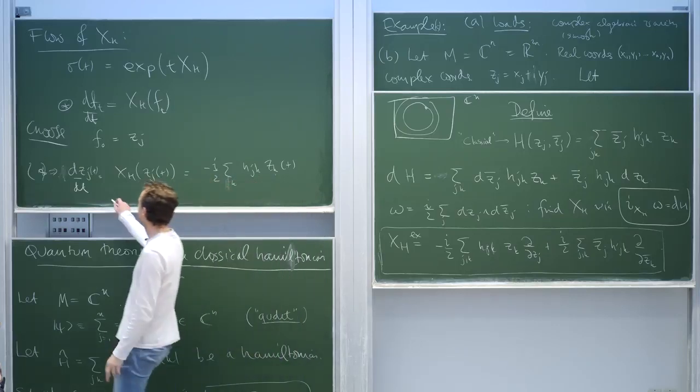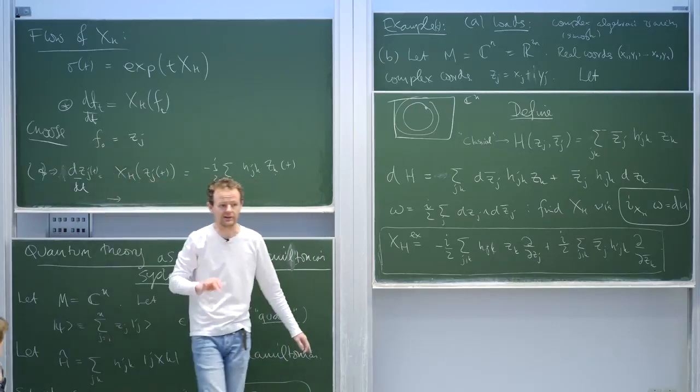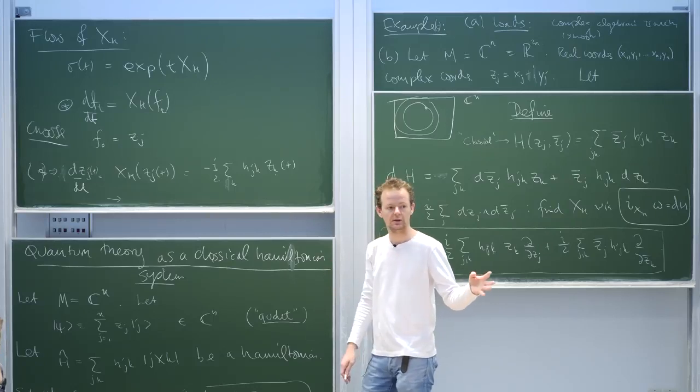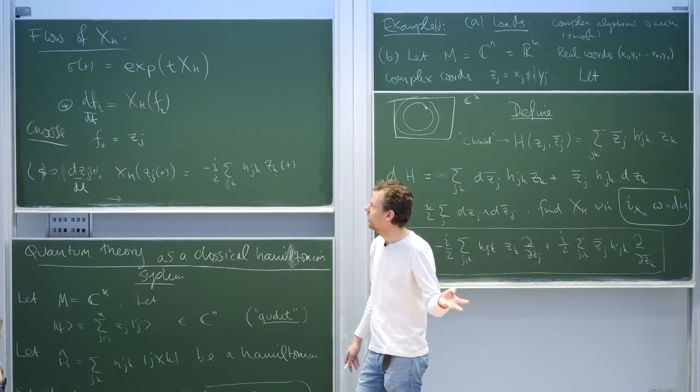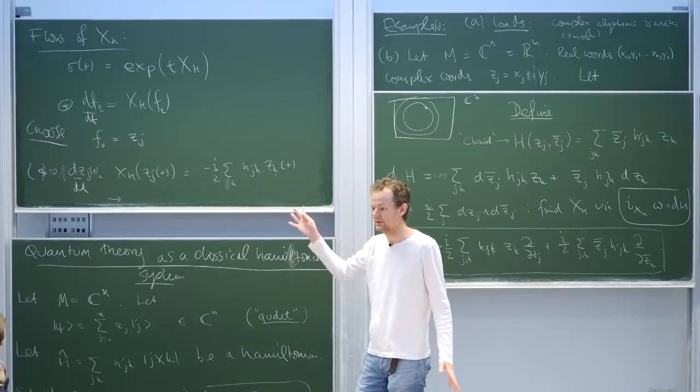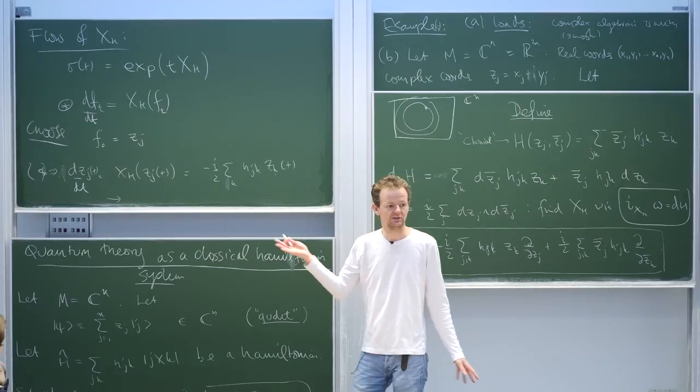So the words that I'll leave you with: you might wonder, oh, okay, I've done this for these nice flat complex numbers. What happens if I have a complex manifold, a more curvy one? Then what do I learn? Is this somehow a nonlinear version of quantum mechanics? Well, actually, this is current research.